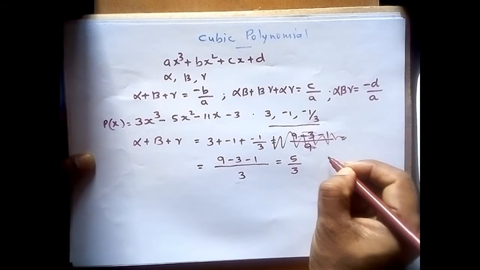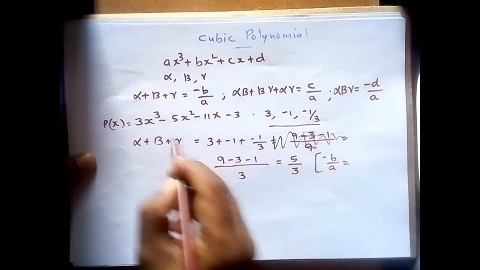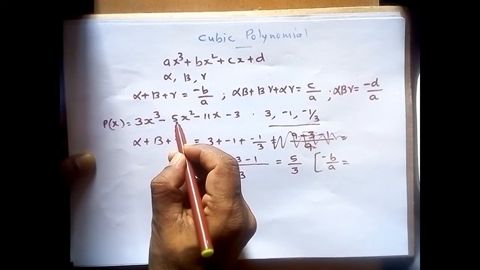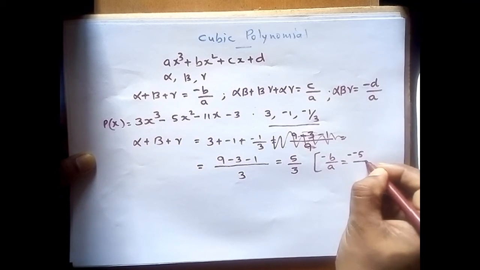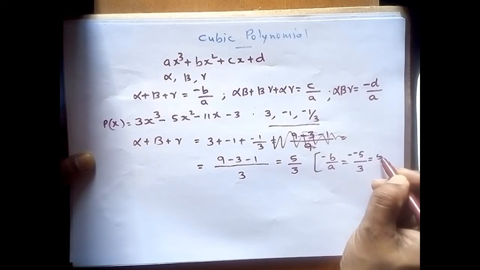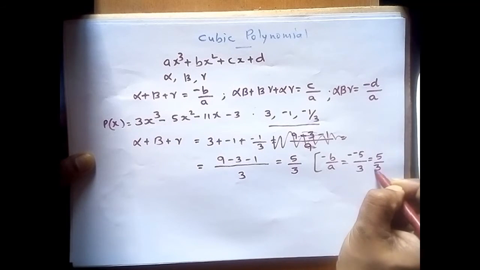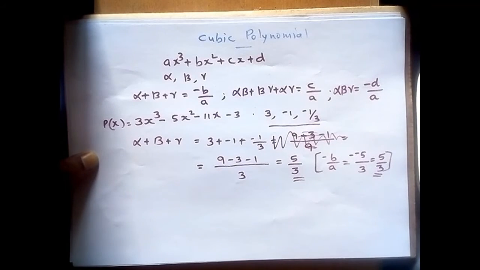What is −b/a? −b/a is equal to minus of (−5)/3. Minus of −5 is plus 5, so it is 5/3. Yes, so the first result is established.